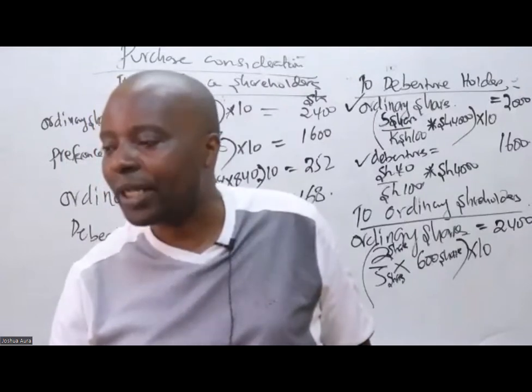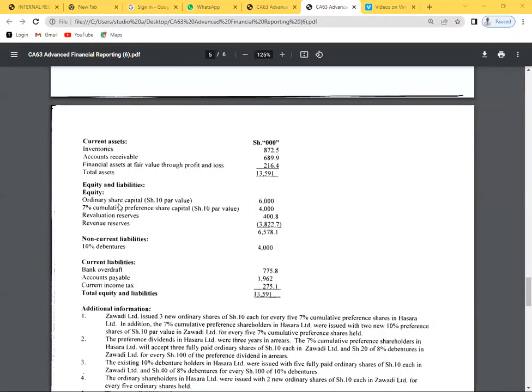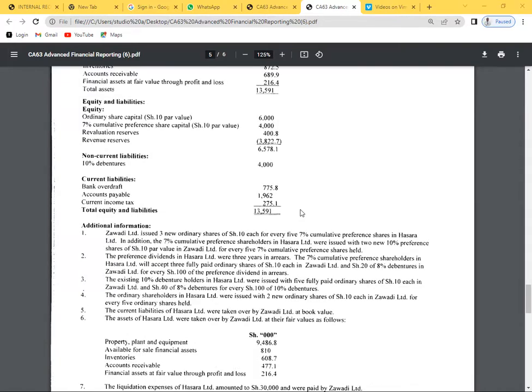Whenever I want to get the total purchase consideration, I must come here and look at this concept. I must look for these liquidation expenses.